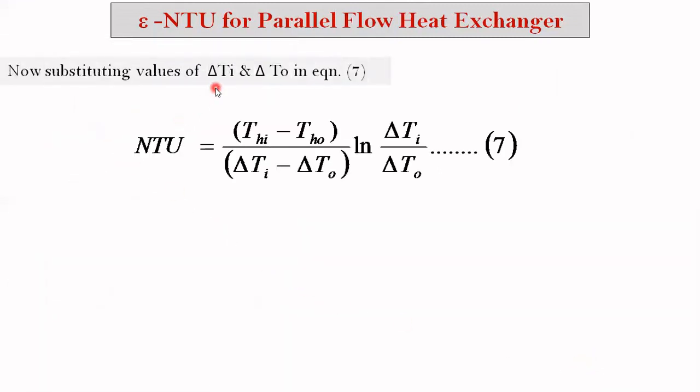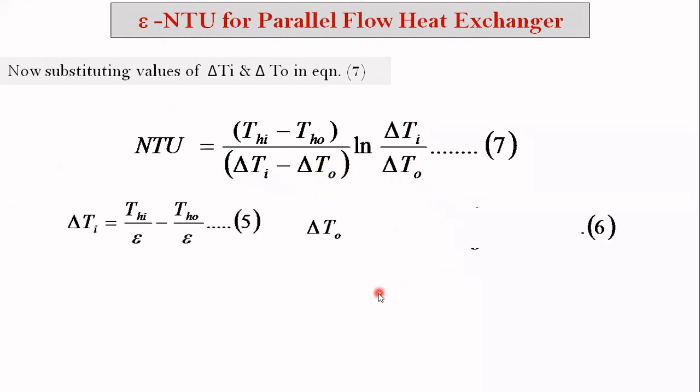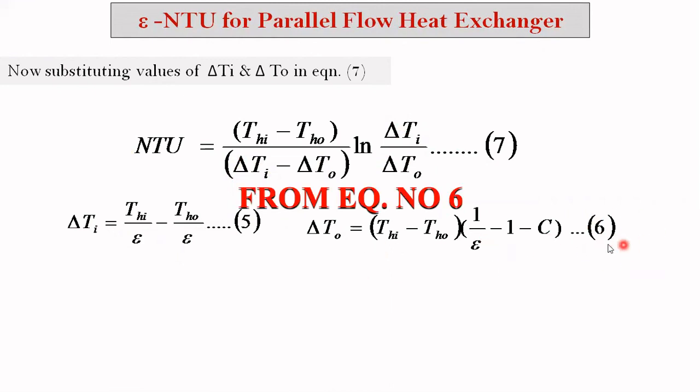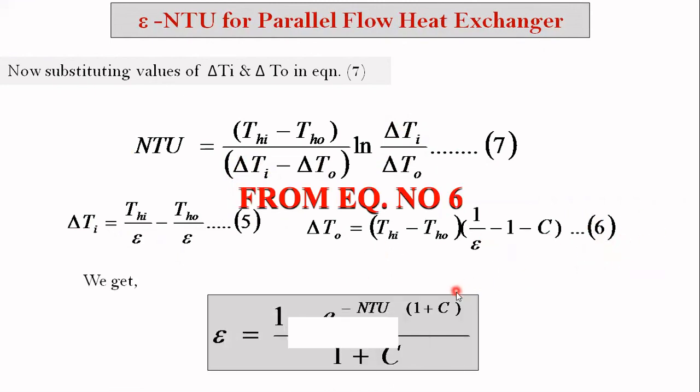Now we can substitute the values of delta Ti and delta To, which we have derived in the previous slide, into this equation. So here we have to put the value of delta Ti, and here we have to put the value of delta To. The value of delta Ti we can put from equation number 5, and the value of delta To we can put from equation number 6.